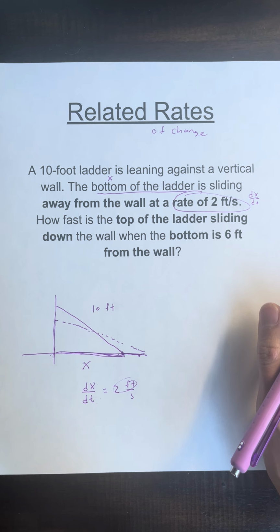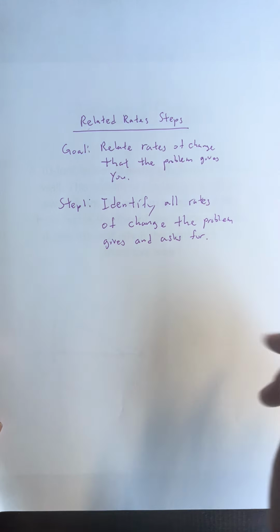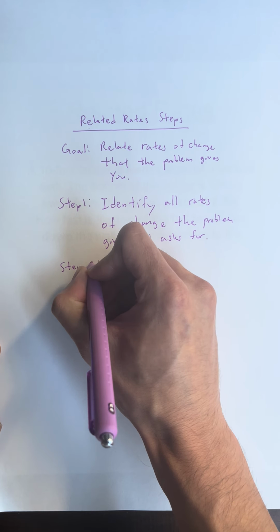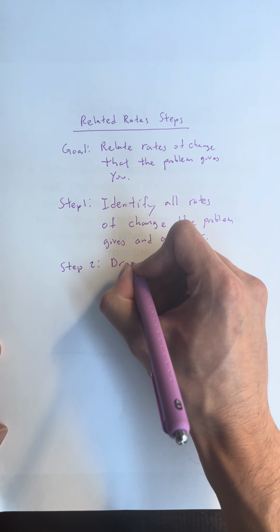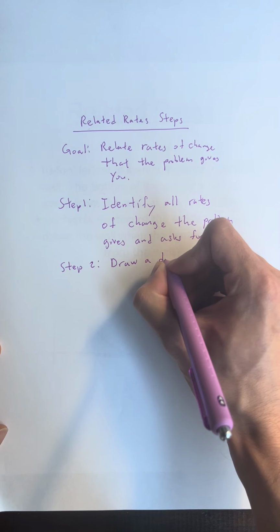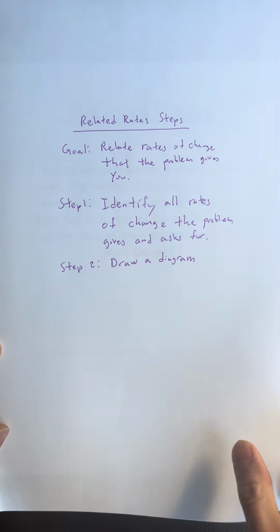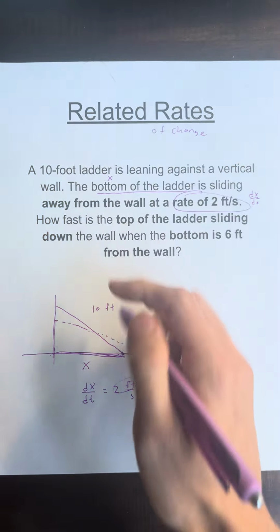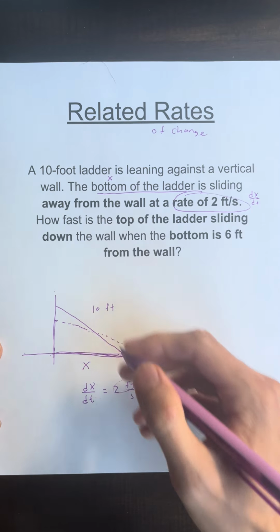Okay, so let's go back over here. We're doing step 1 right now. We kind of did step 2 at the same time as well. Step 2 actually is to draw a diagram. More on that in a second. Also, this is the ground and this is a vertical wall, right?